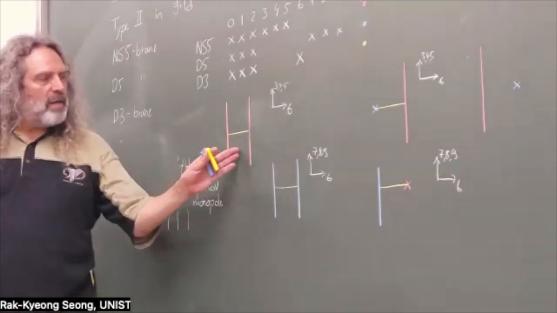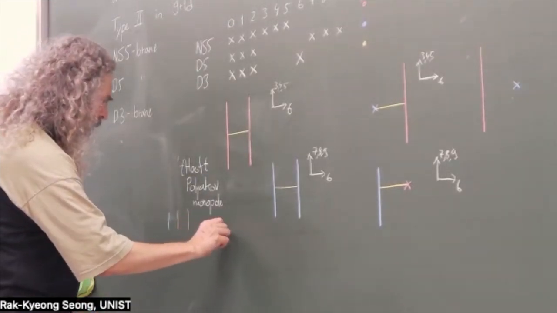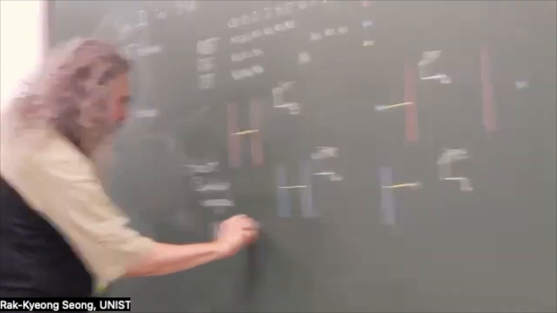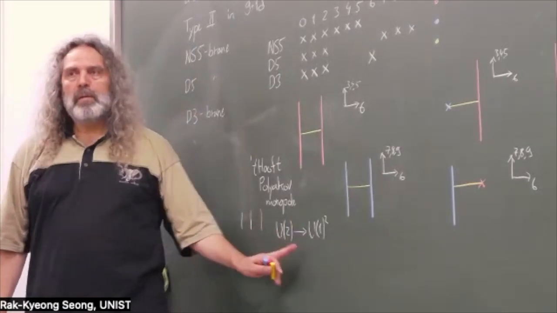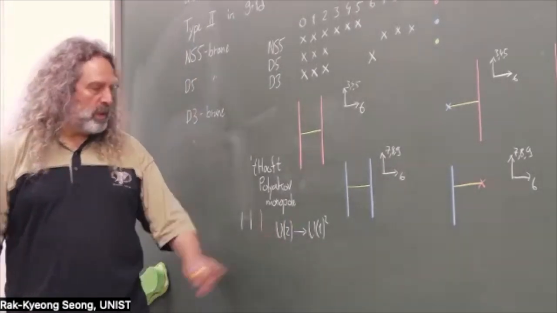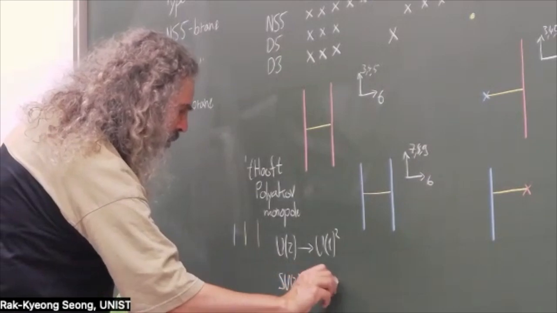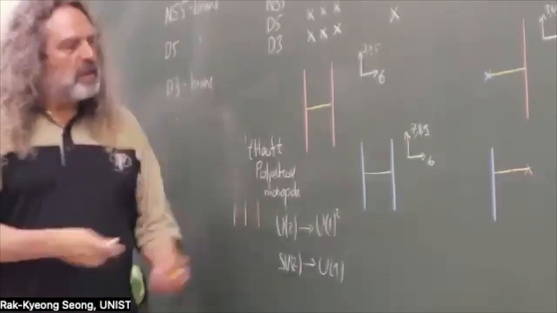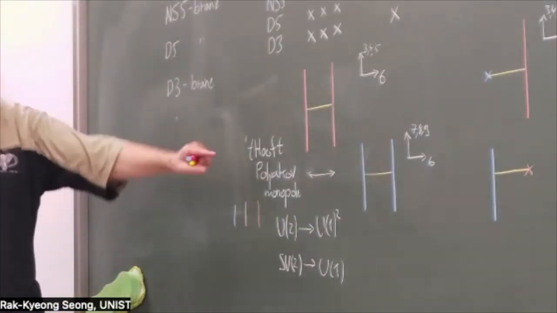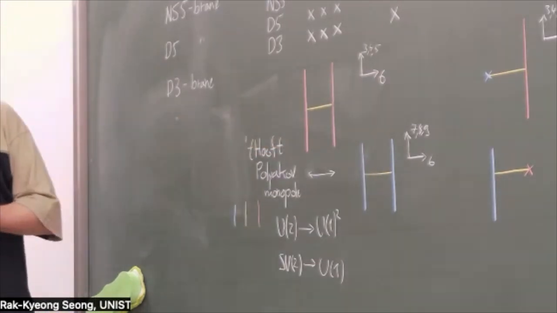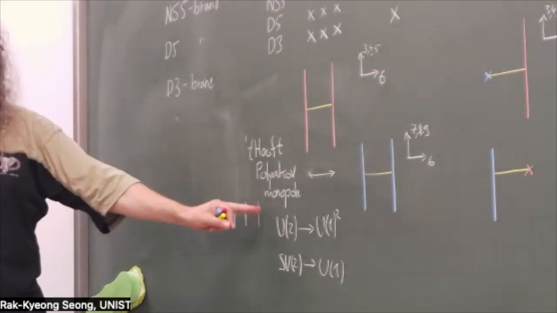And what I have here is a U2 spontaneously broken to U1 squared. The overall U1 can be taken out, so it could be also written as an SU2 broken down to U1. The vacuum expectation value is the distance between them. So that's the breaking. And the monopole solution is given by a three-brane which is stretched between them. This is the 't Hooft-Polyakov monopole solution.